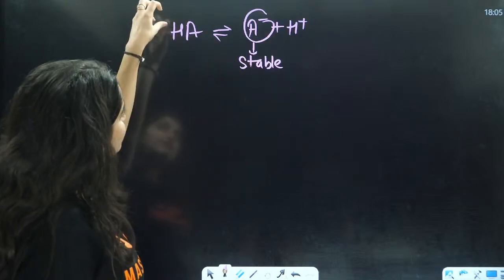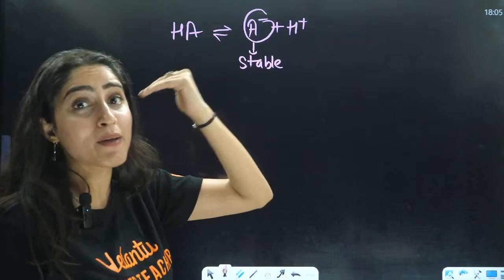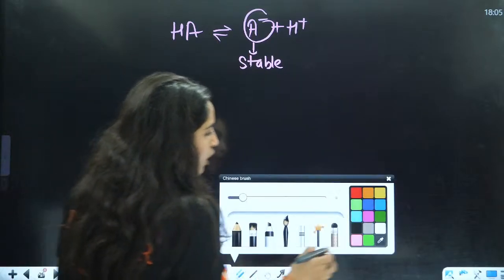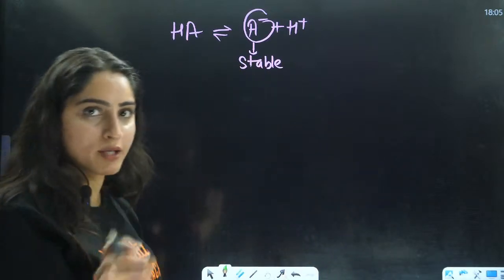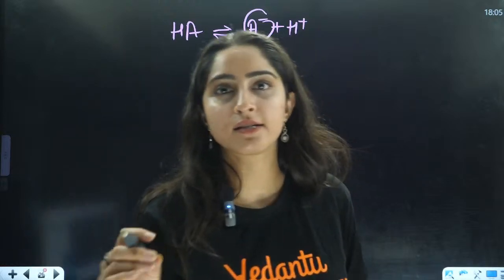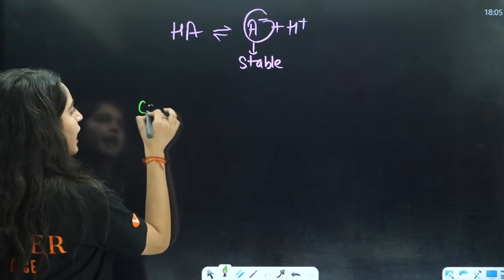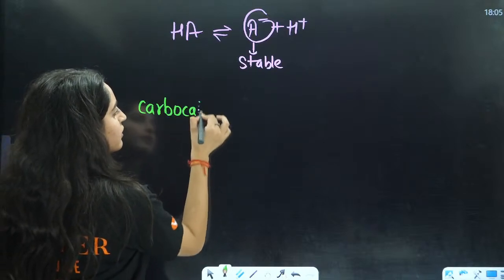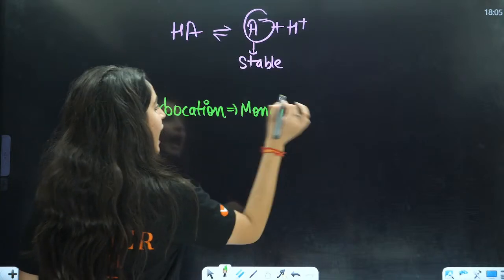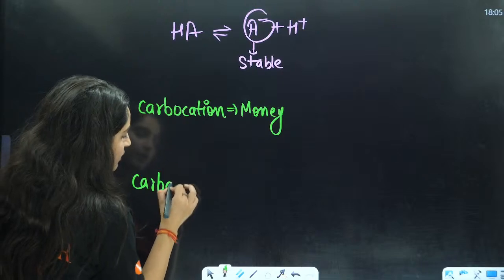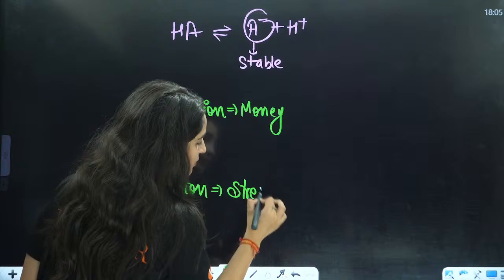If you are converting this HA to A negative, this carbanion should be very stable. Always remember, throughout chemistry, you will apply this. These are the tricks by your Diksha ma'am, right? Very simple. Just always remember that your carbocation is basically like money, and carbanion is like stress.